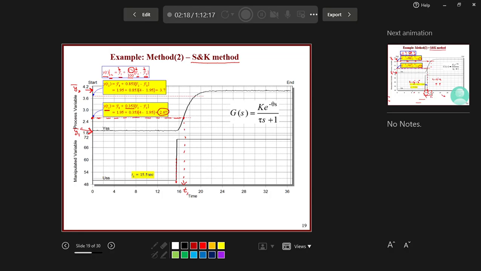The second one is the Y at T2. Remember, T2 is the time at 85.3. So I will apply the same equation, but now I will use 0.853. This will give me 3.7, and then drawing this horizontal line until it crosses the Y, I can go down.